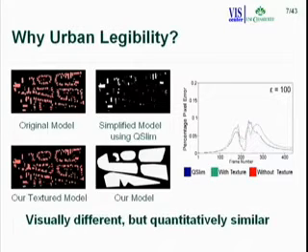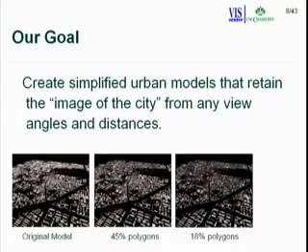What that says to us is that even though you look at these four models and say they look very different to me, if you measure it purely quantitatively using pixel errors, they actually come out to be very similar. So we can't really just use pixel errors as the driving force behind simplification of urban models. We have to use something a little bit different. We have to use higher level information.